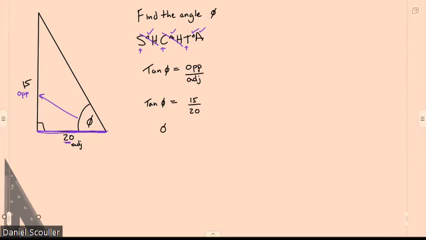What we leave when we move it over is the angle. How you write it is tan to the -1, and then in a bracket, 15 over 20. What that tan to the -1 represents is essentially 1 over tan, but we don't write it like that. The -1 comes from the fact that it's the bottom of a fraction.